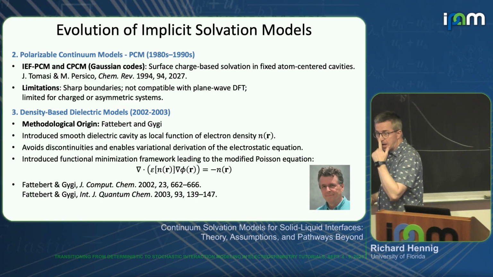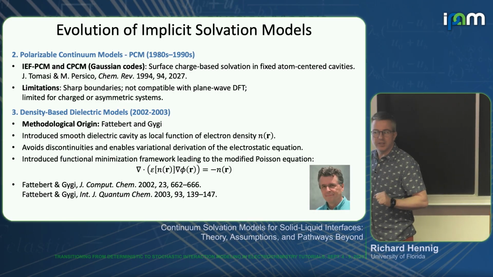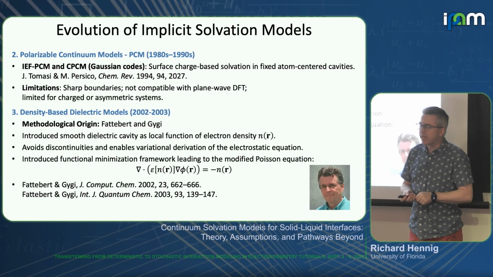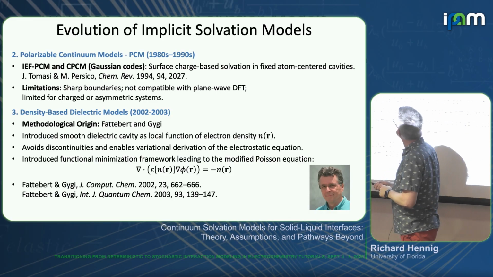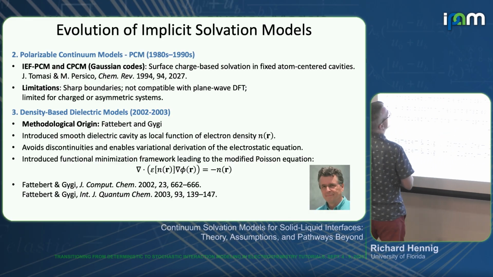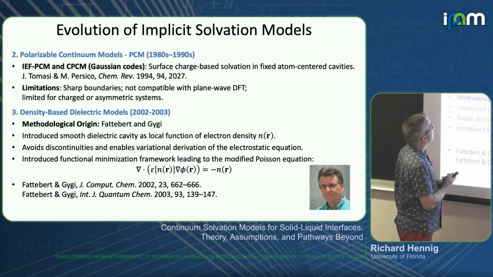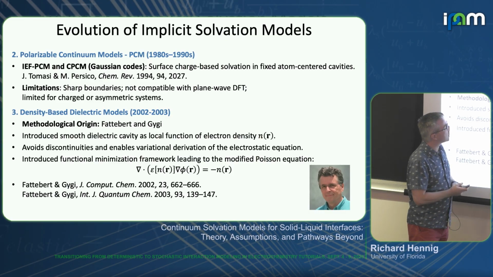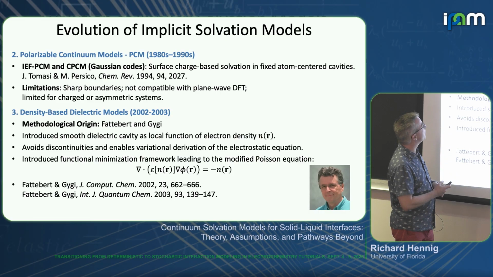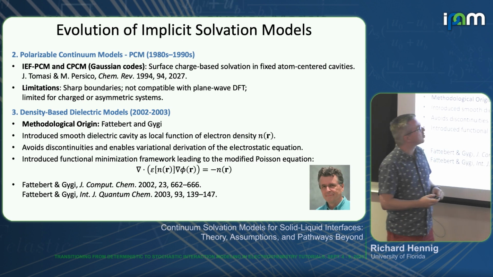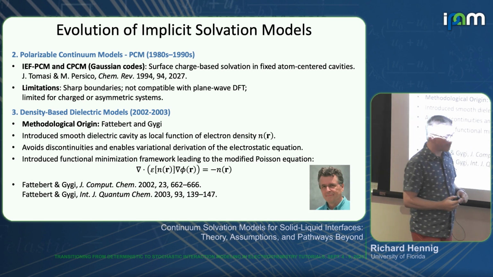In the meantime, Hartree-Fock, DFT, and quantum chemistry were invented, and so science came back around in the 1980s. In the 80s to 90s, implicit solvation models were first implemented in the Gaussian code by Tomasi and Persico, which introduced surface charge-based solvation in these cavities.